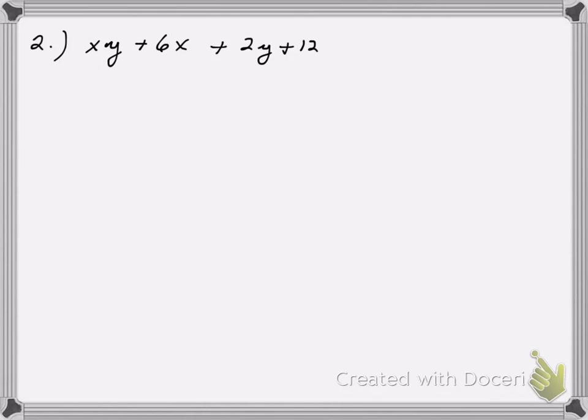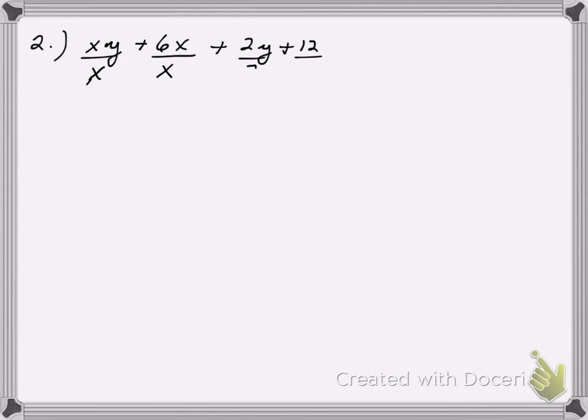Look at this one here. First group. Think for a moment about what is the GCF for this first group. Okay, so the first group GCF would be x. That's a letter that's common to both of those terms, and that would be your GCF. Do the same thing now on the second group.